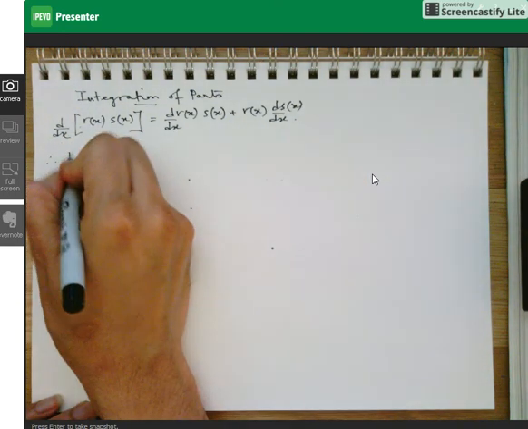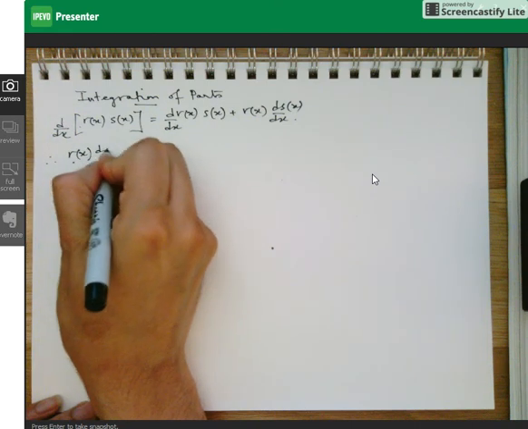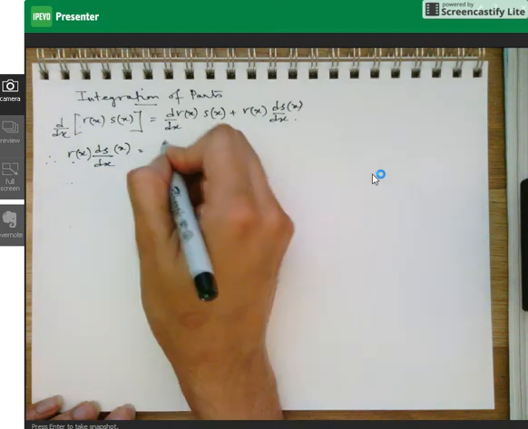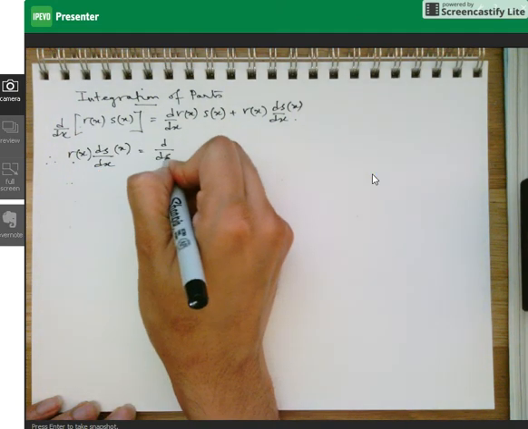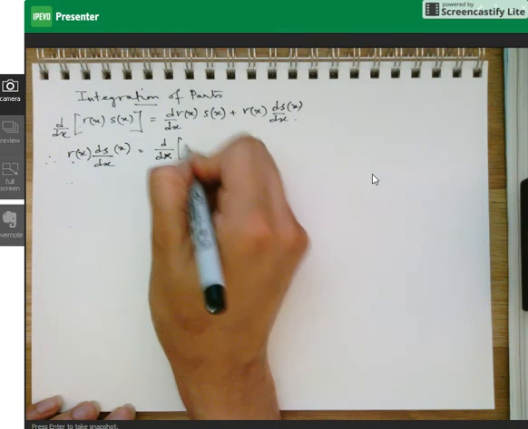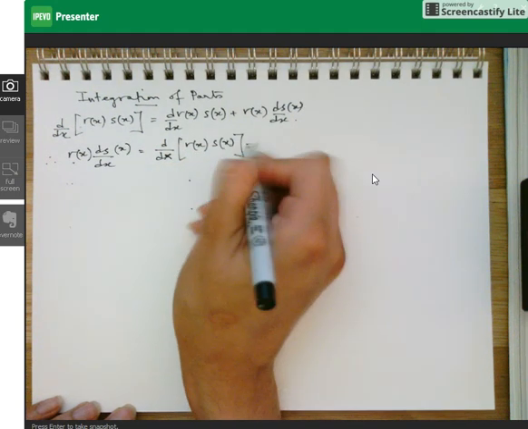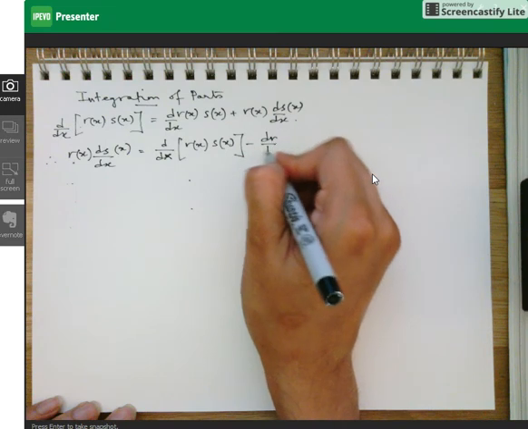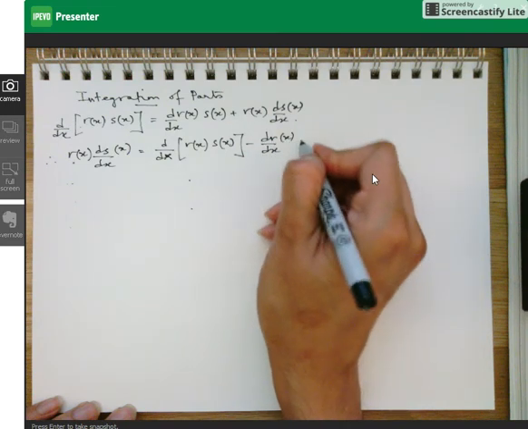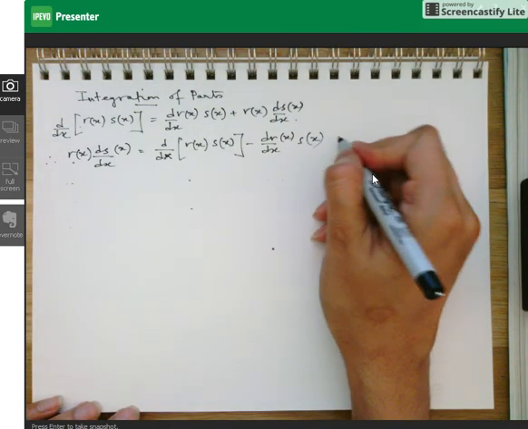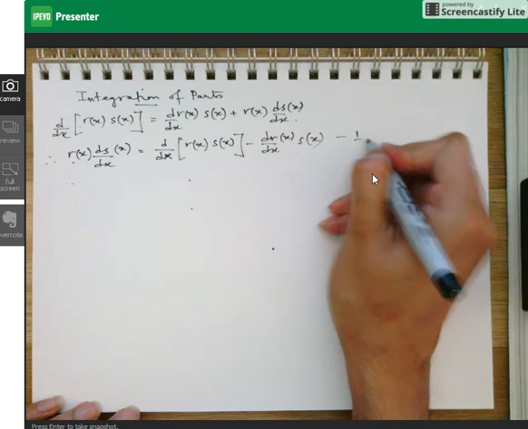So this r of x times ds/dx is then given by d/dx of r of x times s of x minus dr/dx times s. Okay, so let's call this, say, equation 1.